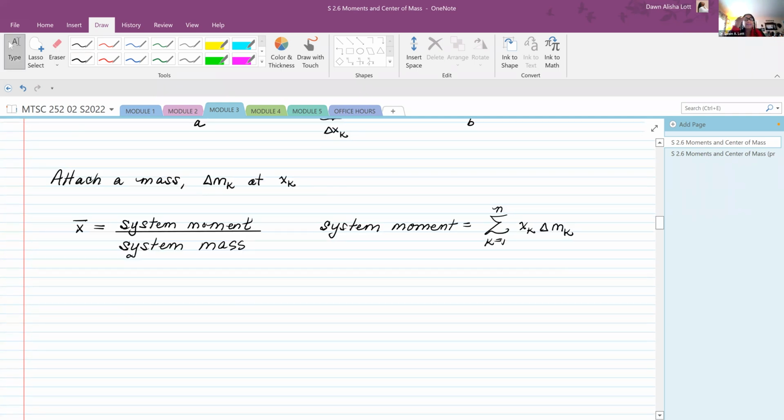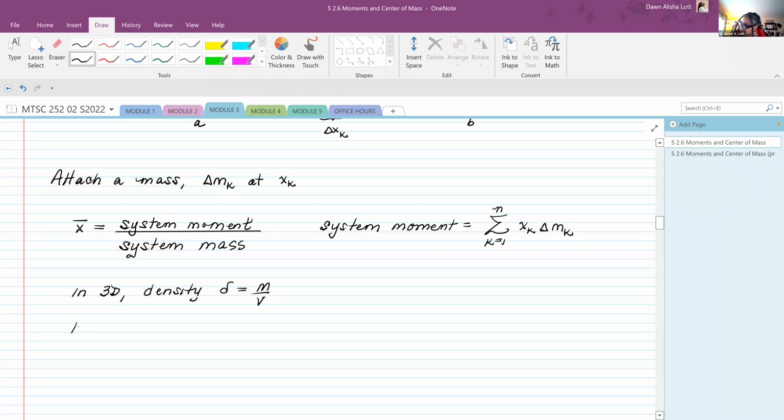Now, what do we know about density? In 3D, density, which the book denotes as delta, not rho, that's what I'm used to using, is mass per unit volume.